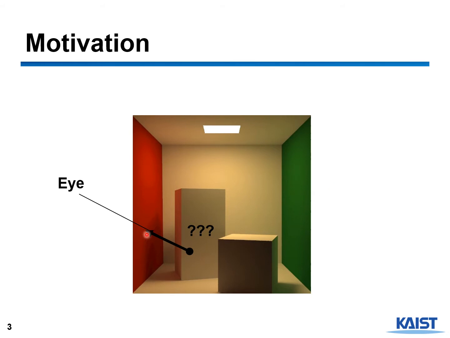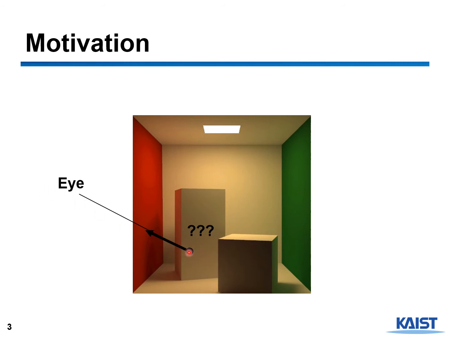In the end, in this scene, once we get the geometry of this scene or some material information about this scene, we want to know what the light energy is that we can see from our eye position to that direction, right? So in the context of ray tracing, once we generate a ray from here to there, we want to know how much energy, in other words how much color, we can see from here to that direction.